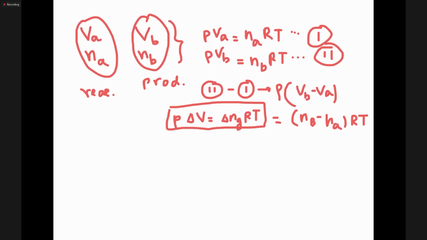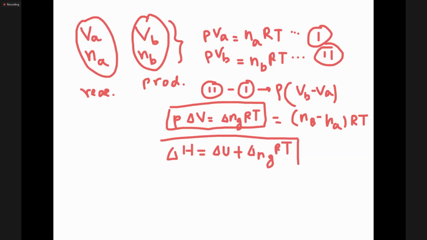So if we substitute this value into the previous equation that we obtained between delta H and delta U, since we have P delta V, and we have obtained that P delta V is equal to delta Ng RT, we have delta H equal to delta U plus delta Ng RT. So we have obtained the equation between the change in internal energy and the change in enthalpy.